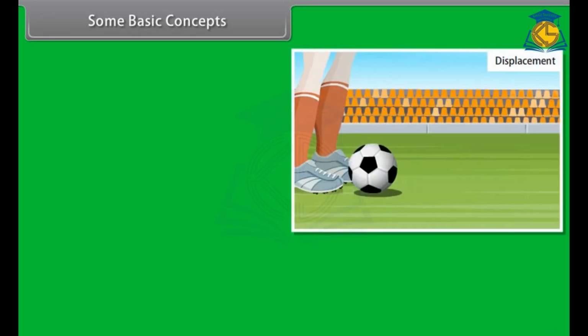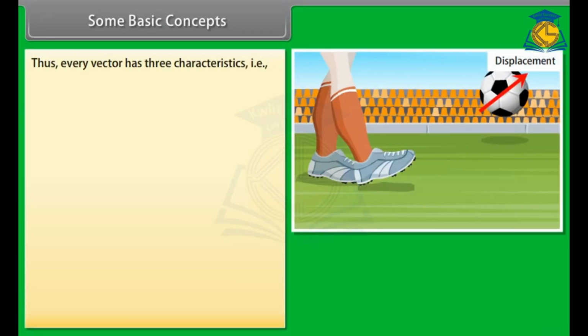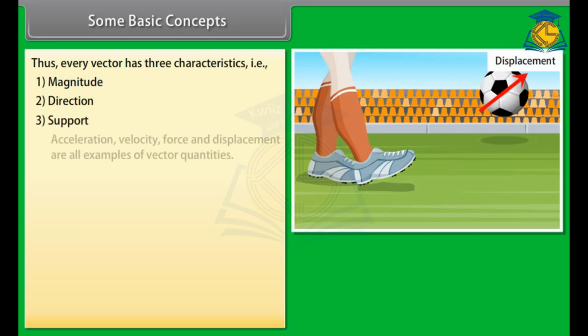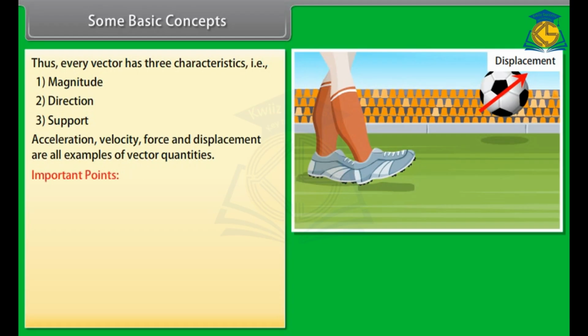Practical example of vector. Thus, every vector has three characteristics, that is, 1. Magnitude, 2. Direction, and 3. Support. Acceleration, velocity, force, and displacement are all examples of vector quantities. Important points.